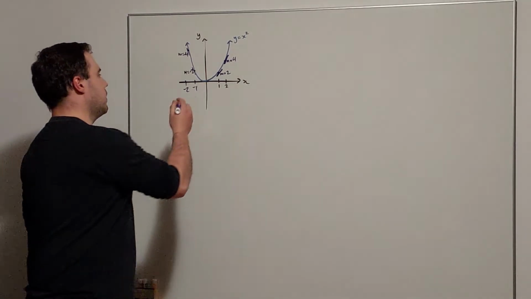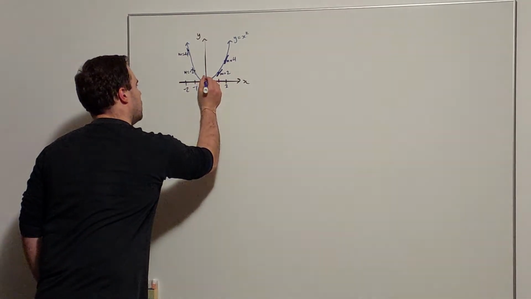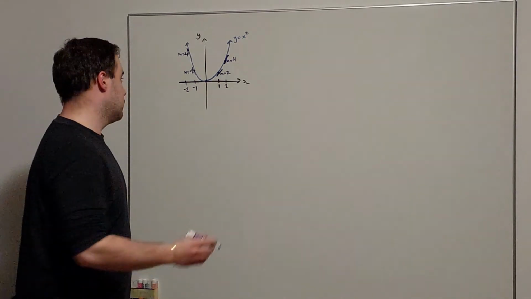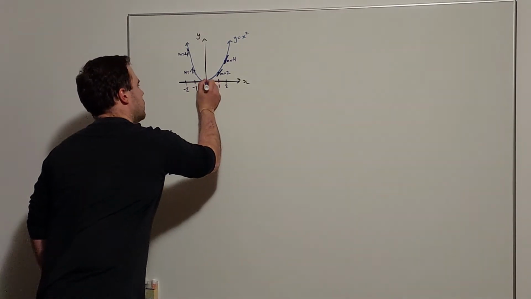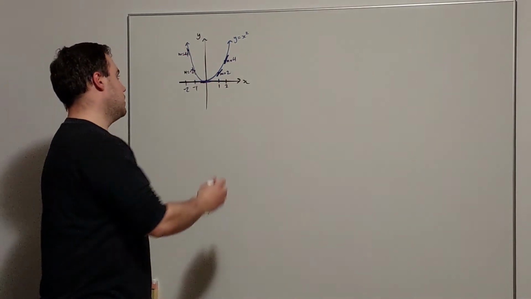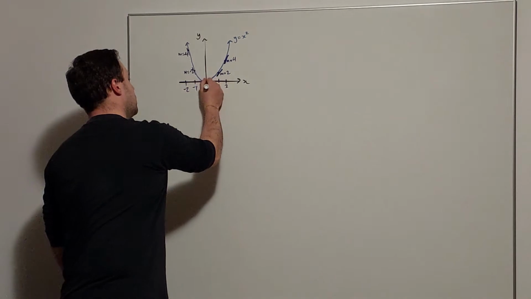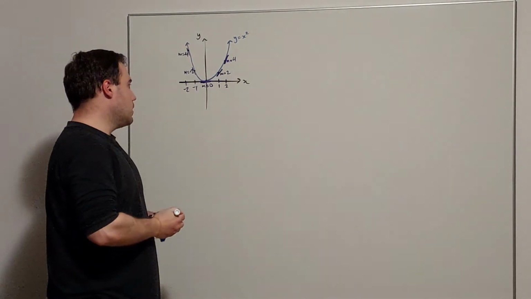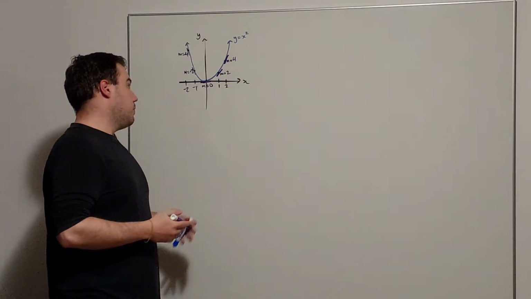Now, what's the gradient going to be here when x equals 0? Well, if we draw the tangent line in, then the gradient there is simply going to be 0, because it's a horizontal line. This has a few names.